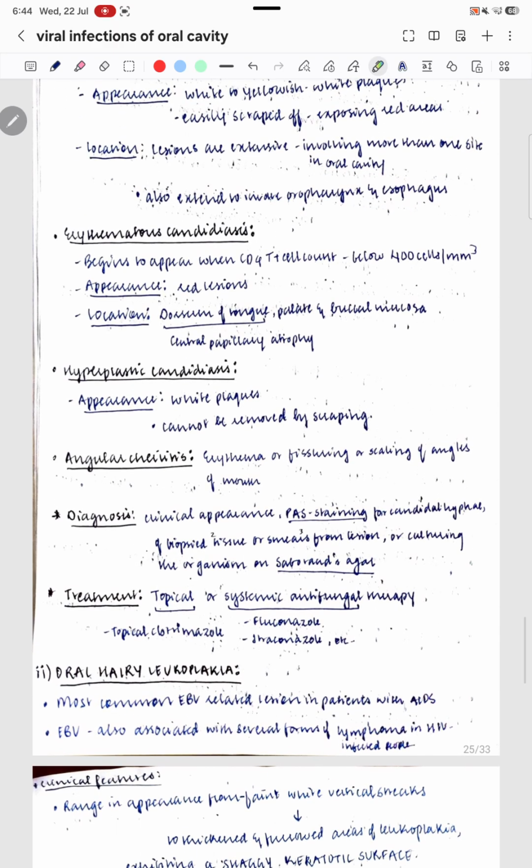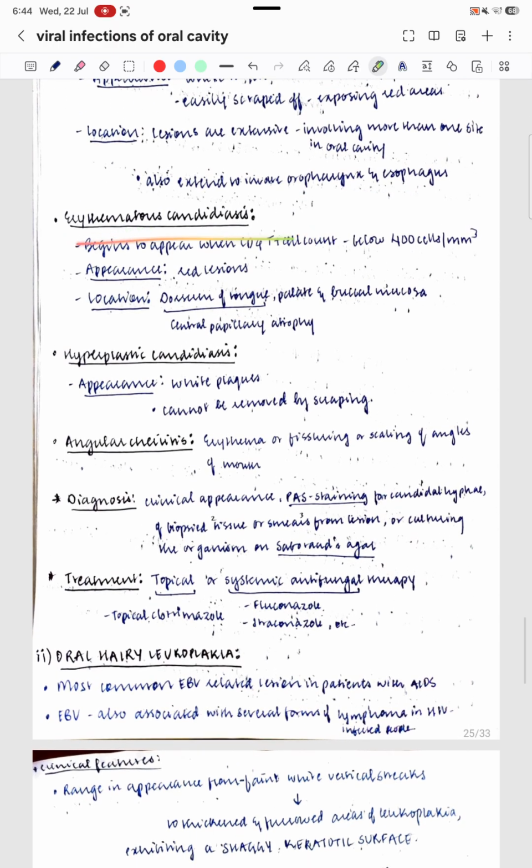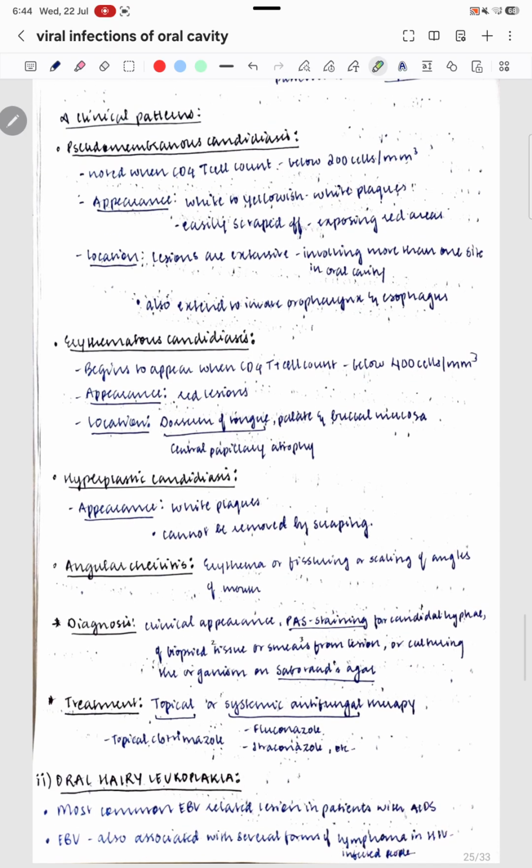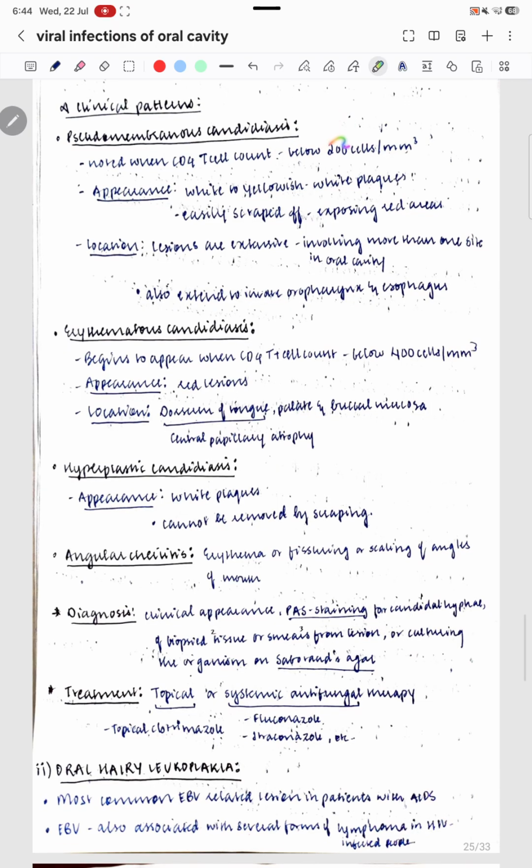Now coming to erythematous candidiasis, it begins to appear when the CD4 cell count is below 400. So you see, pseudomembranous candidiasis is when it is below 200, and erythematous candidiasis is when the CD4 count is below 400. The lesion appears red in color.